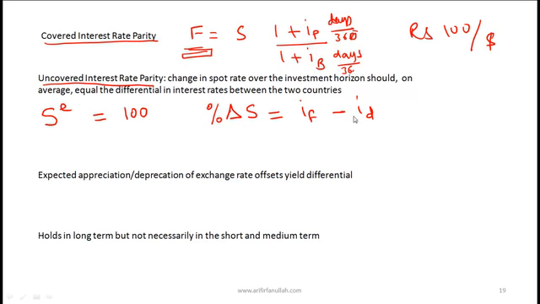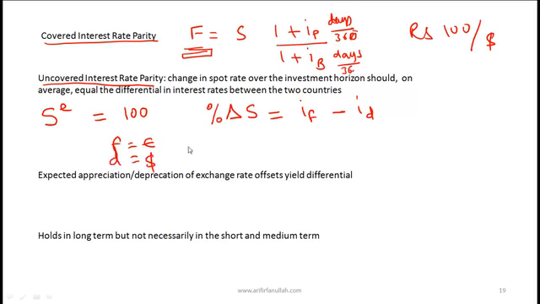A simple example, let's say that we are talking now about euro dollar. So say you are a US investor and you are investing in the eurozone. So for you the foreign currency is the euro and the domestic currency is the dollar.